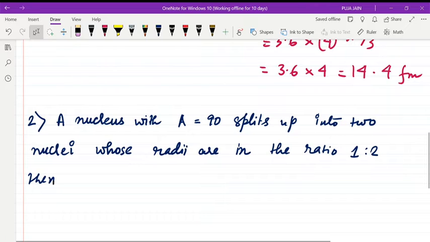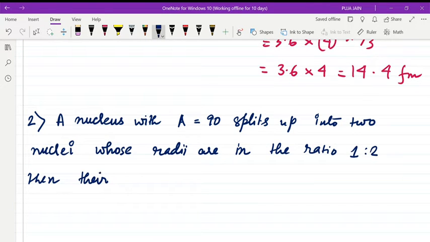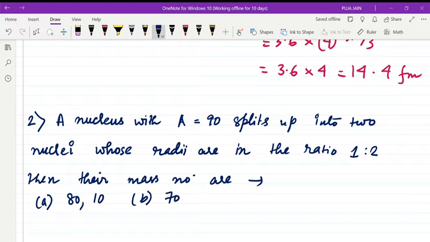Then their mass numbers are? Options: A 80-10, option B 70-20, option C 75-15, and option D 10 by 100.